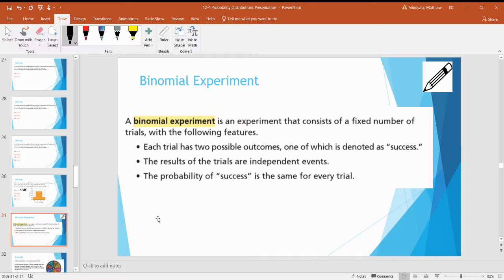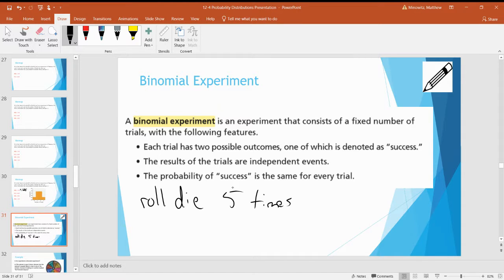The results of the trials have to be independent, which means the second trial has to have the same probability of success as the first trial, and the same thing with every other trial. Each event can't change the outcome of a future event. In the example I just gave, let's say we roll a die 5 times.